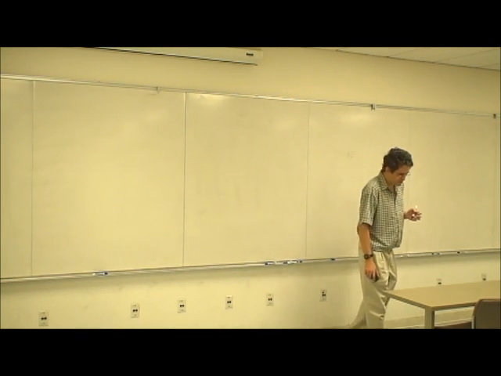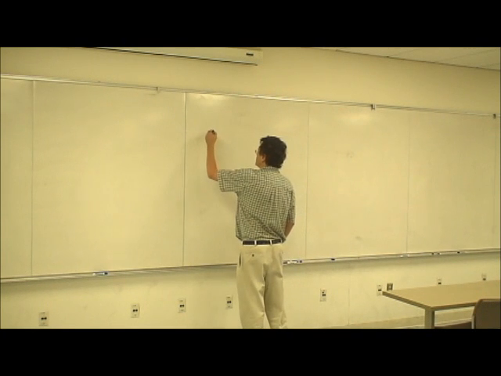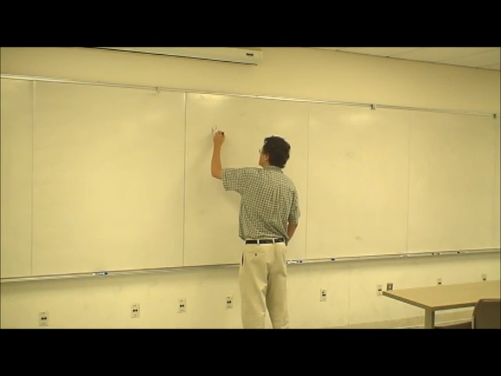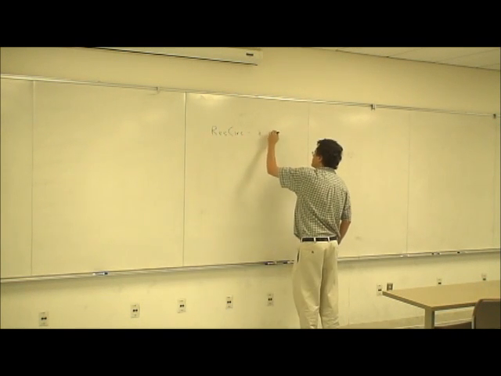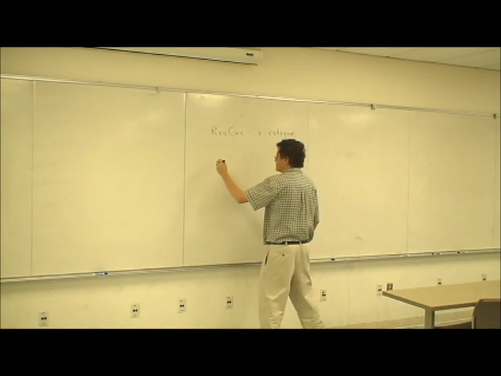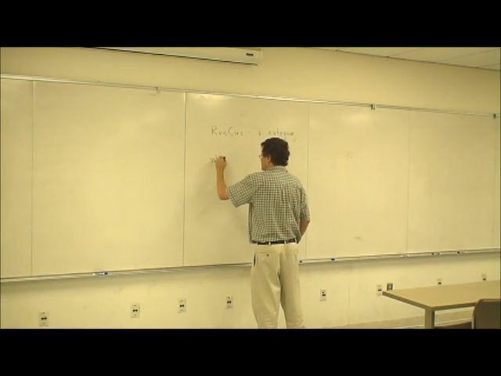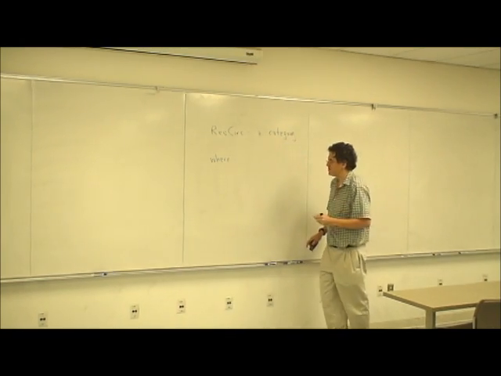So we've built up a category, ResCirc, where the morphisms are circuits made of resistors, electrical circuits made of resistors. Let me say it a little bit more mathematically.